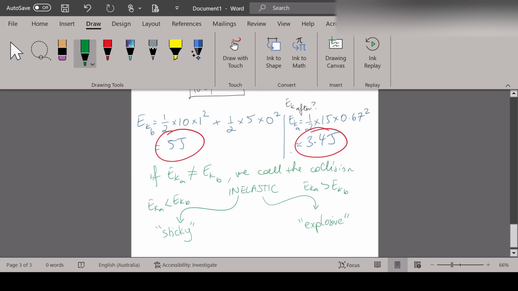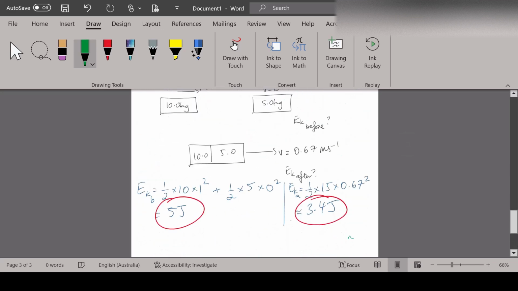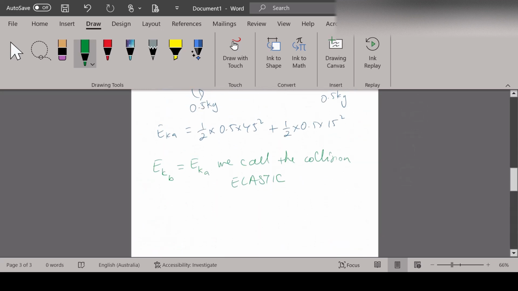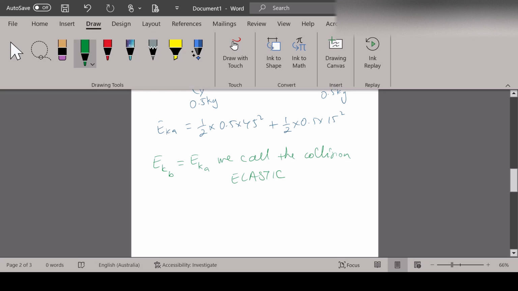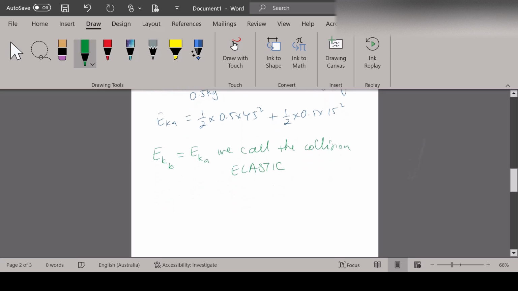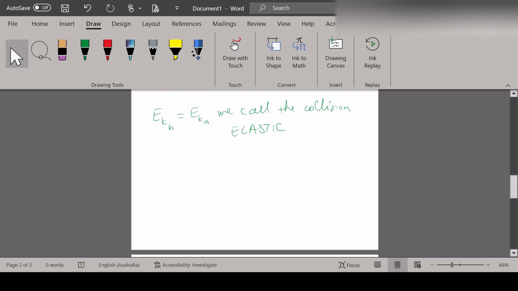In an explosive collision, the kinetic energy comes from what would have been the chemical potential energy within the explosive itself. There is one case, of course, where the kinetic energies are equal before and after the collision, and we call them elastic.